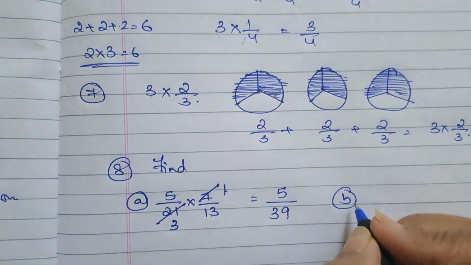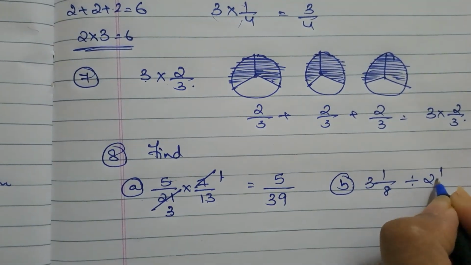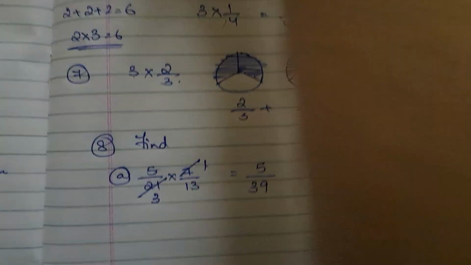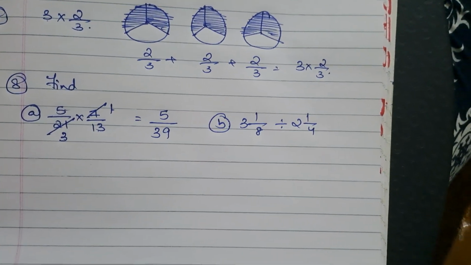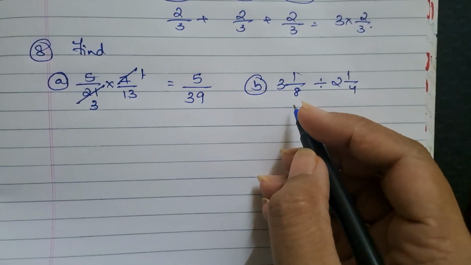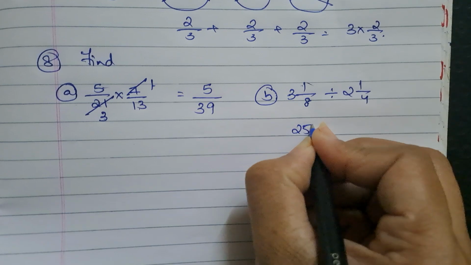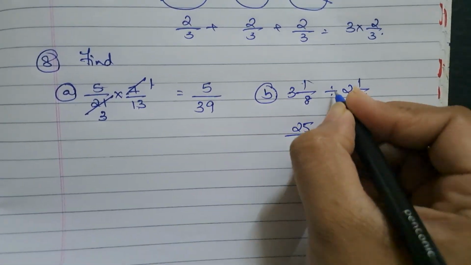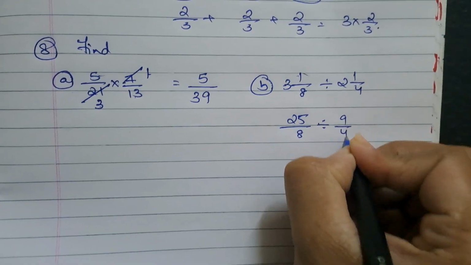Moving ahead to part B, it is given as 3 1 by 8 divided by 2 1 by 4. Okay. So when I do this, mixed fractions are given, so I convert them into improper fractions. 3 8s are 24, 24 plus 1, 25 by 8, divided by 2 4s are 8, plus 1, and 9 upon 4 is what I get.